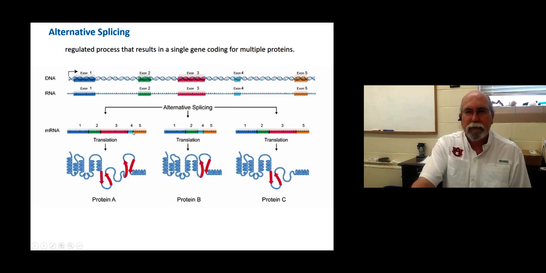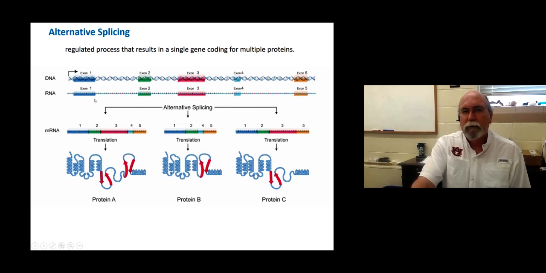They're all spliced into one. It could be that we skip over one, maybe this big exon 3. Maybe that's what's needed for crossing the mitochondrial membrane or someplace else instead of the nuclear membrane. And then maybe for the outside of the cell or some other place, you need something else. So you include 3, but you don't include 4. So all these variations can be produced, and we can do alternate splicing.